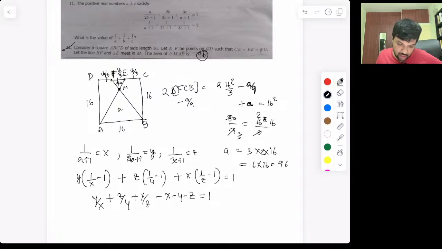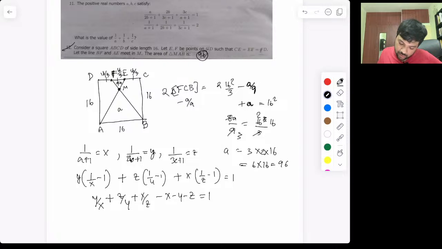Some A to B. What is this? I'm sorry. What is this? Equal to 2b equal to 3c. X by x plus 1, half. X is half.